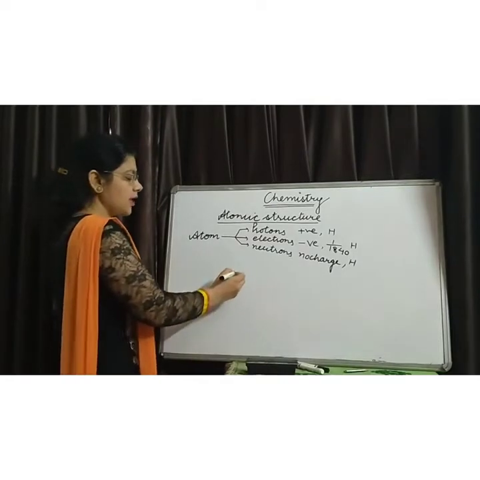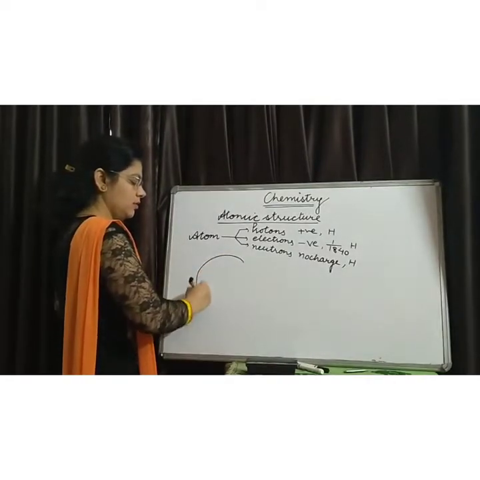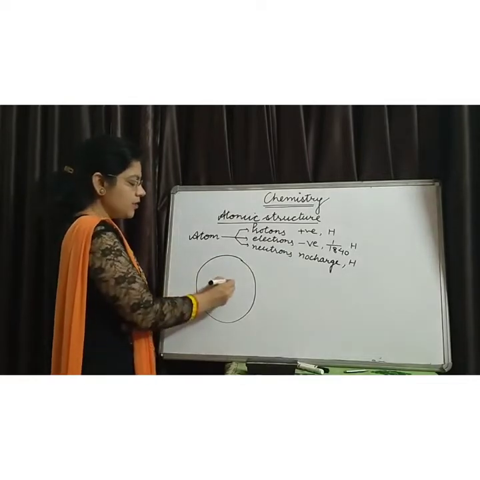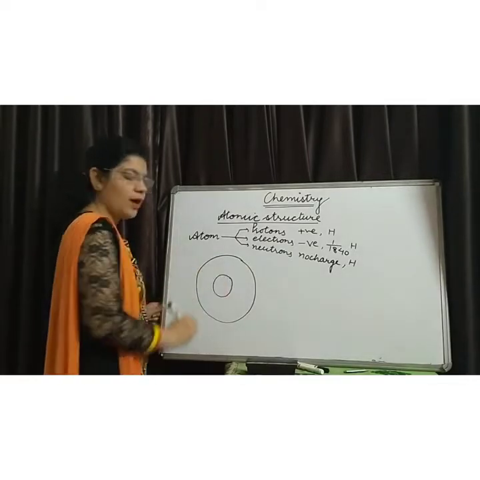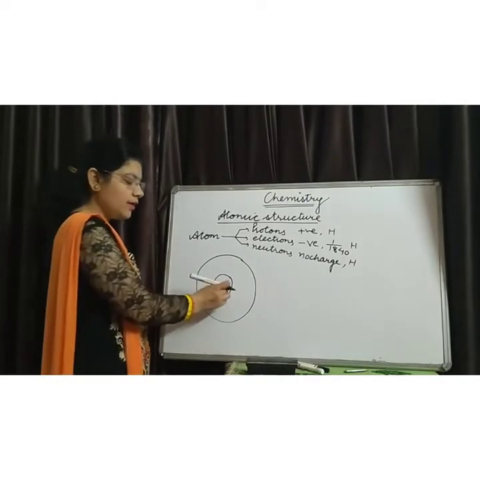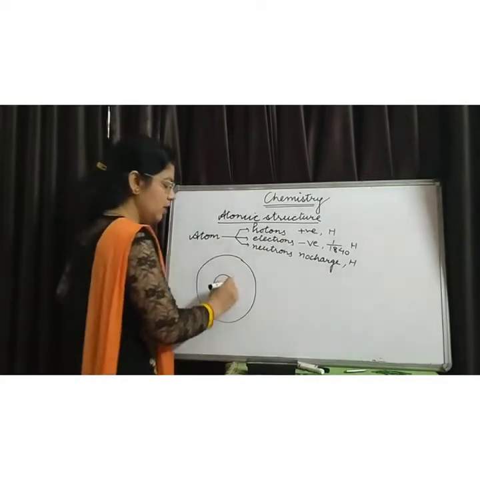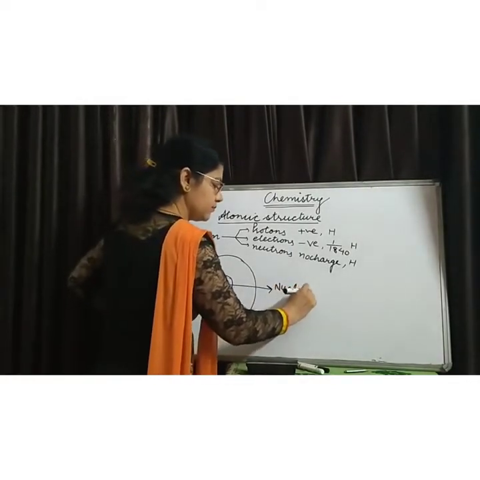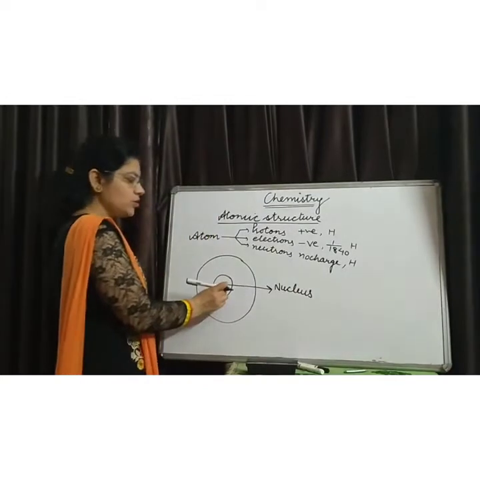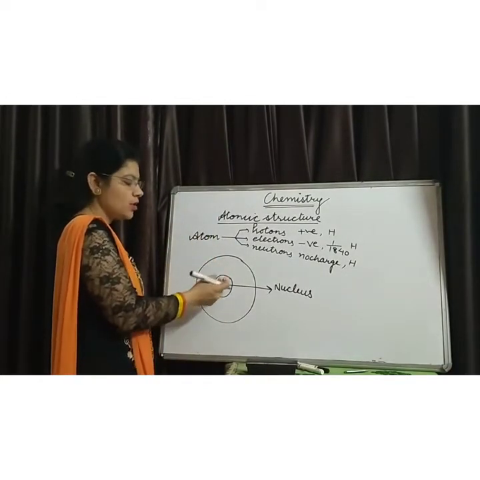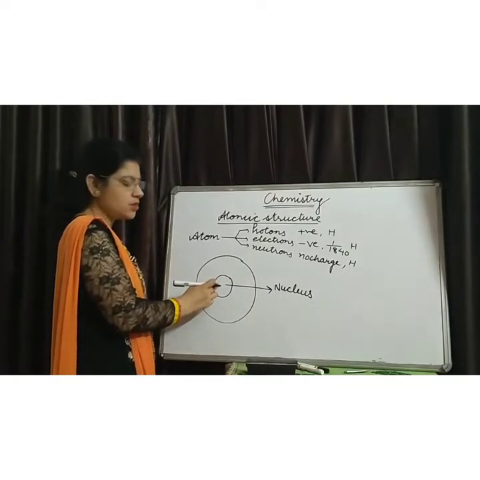Let us consider that according to Bohr's model, the atom is spherical in shape and is divided into two parts. The central part of the atom is known as the nucleus, in which all the mass of the atom as well as all the positive charge is present.